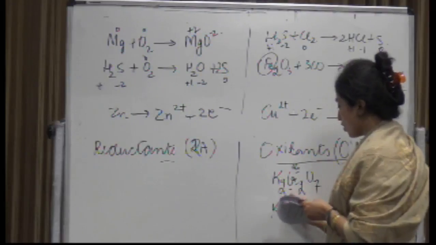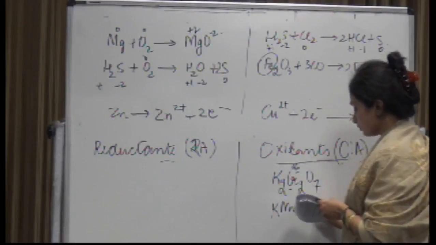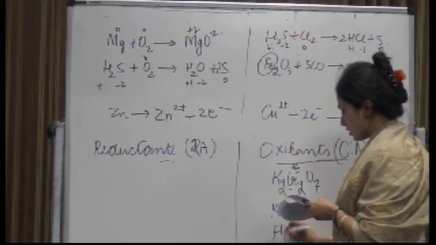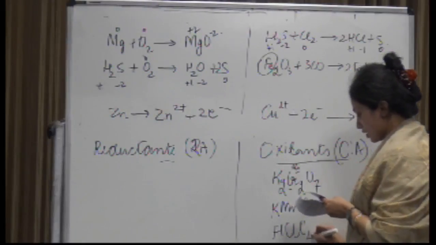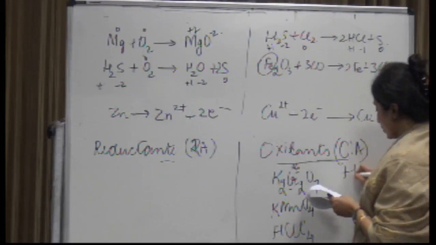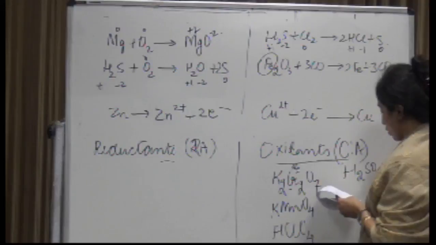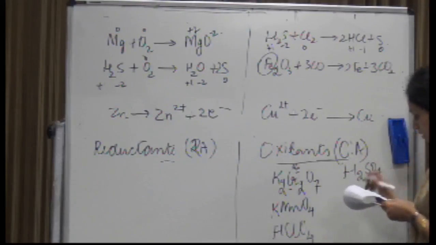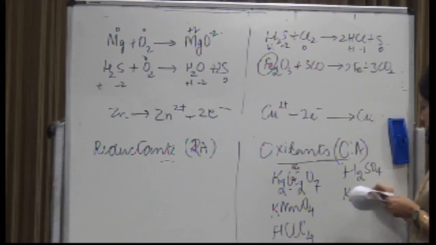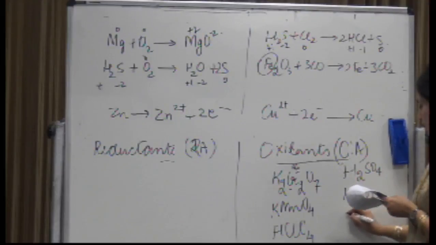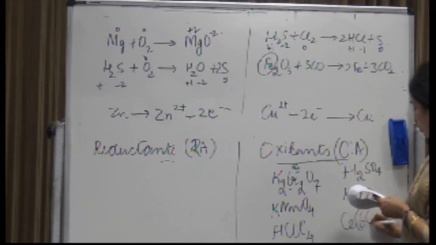So this is an oxidizing agent. Talk about KMnO4. This is also an oxidizing agent. HClO4, this is also an oxidizing agent. Note down these examples of oxidizing agents: H2SO4, KClO3, and cerium sulfate can also be used as an oxidizing agent.